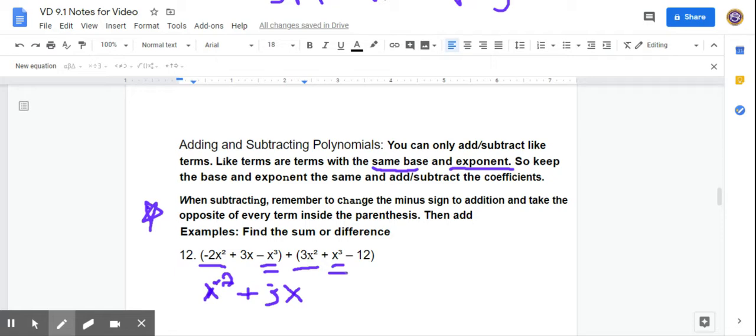When you add them, you get 0; they cancel out. The only thing left is the -12. So your answer is x squared plus 3x minus 12. You would write your final answer in standard form every time. This one happened to come out that way because the cubes canceled out.